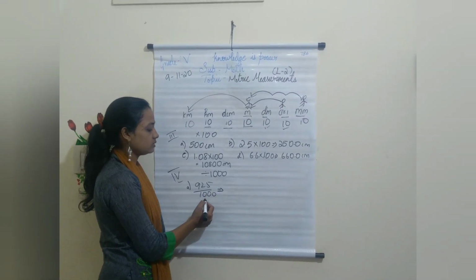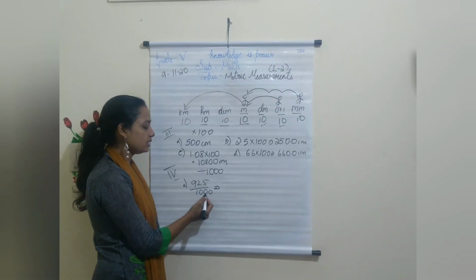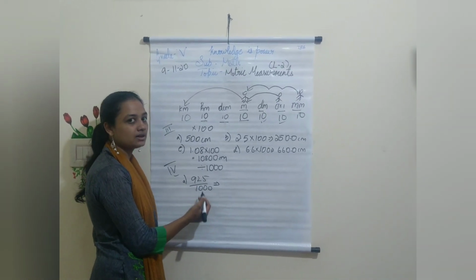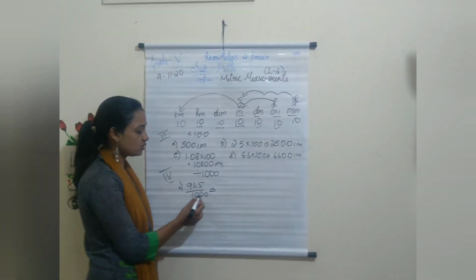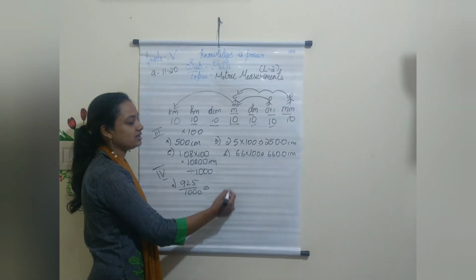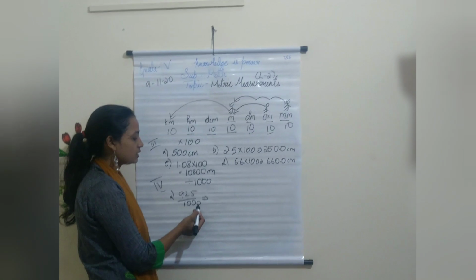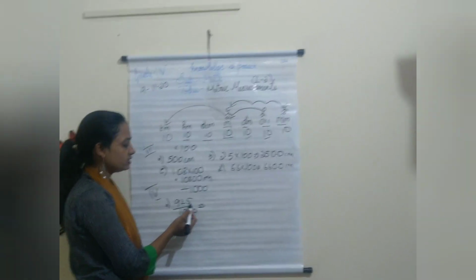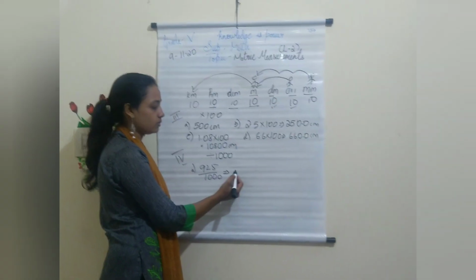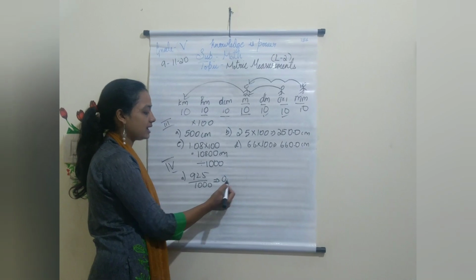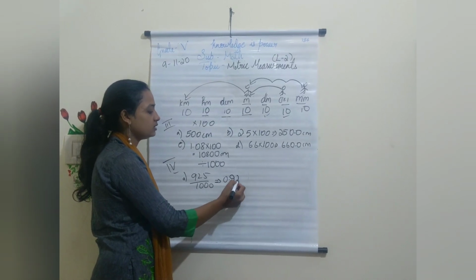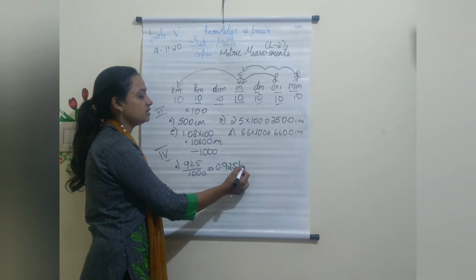You have to keep a decimal point after 3 numbers. That is how you do division, children. Instead of writing the division form, when you have it like this, it is very simple. You have 3 zeros. So after 3 numbers, you keep a decimal point. So the answer will be 0.925 kilometers.